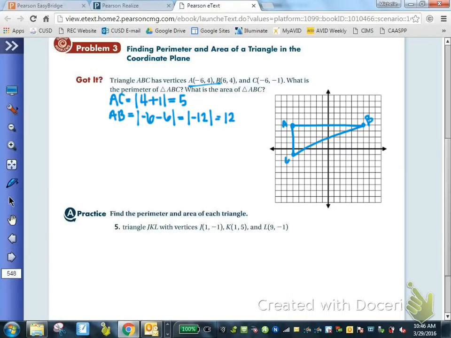Okay, question. How the heck do I find the length of BC? Jonah? We could use Pythagorean theorem. Is there a different way? Subtract the x's, subtract the y's.